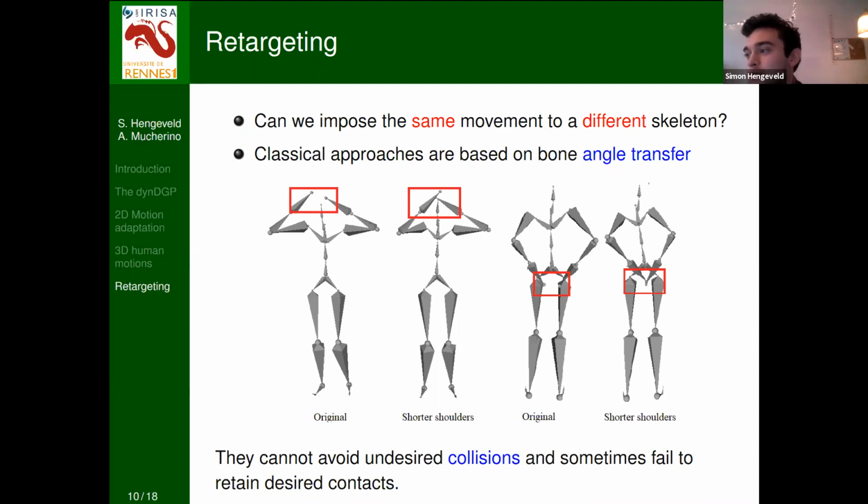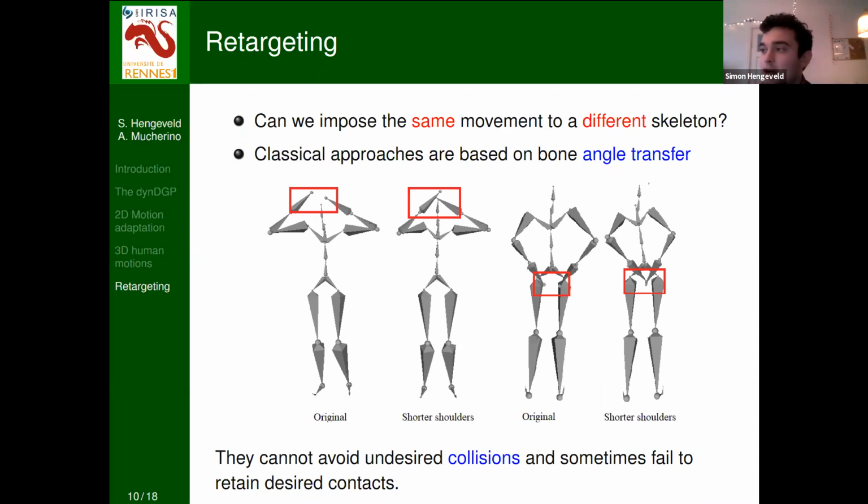This creates all sorts of undesired collisions, like in these pictures, where now the hands are suddenly touching above the head or touching behind the hips, which is something we want to avoid. Especially since in our rendered skeletons we don't render the skull. So in our example right here, the skeleton with shorter shoulders would be penetrating his own skull with his hands, which is of course something that we want to avoid.